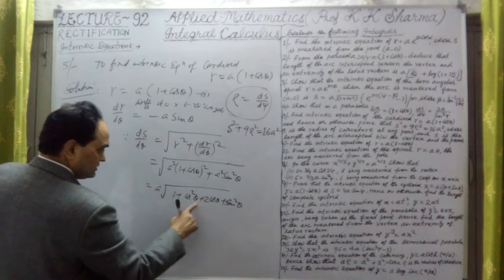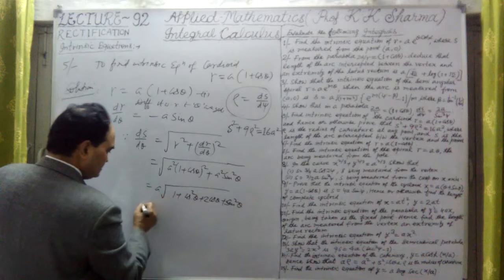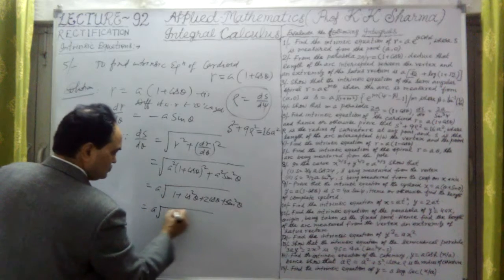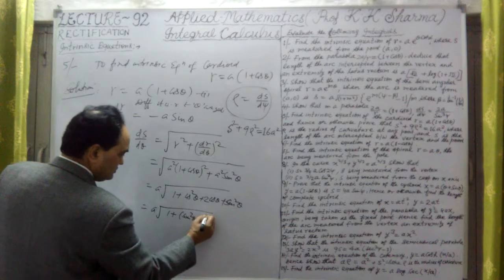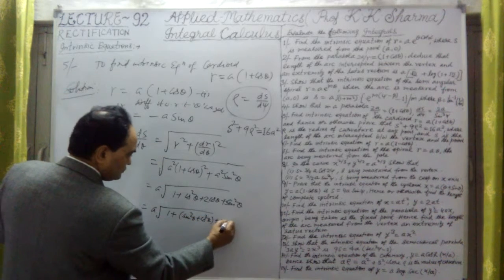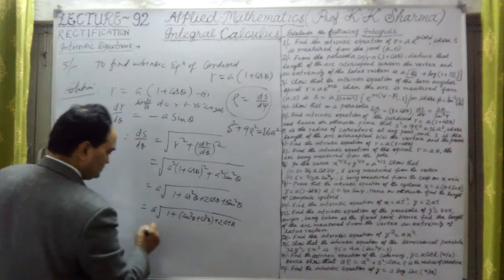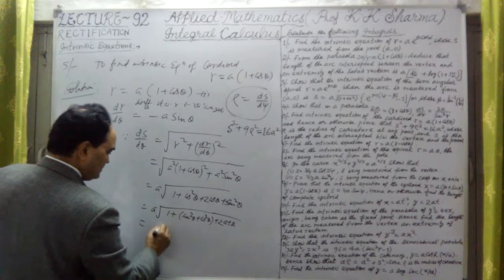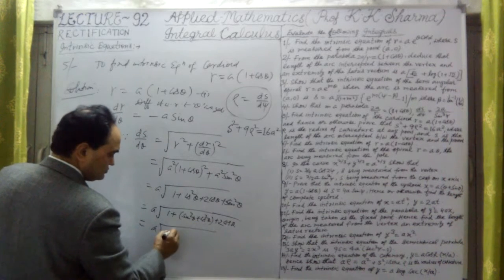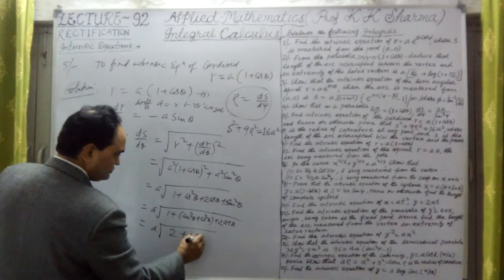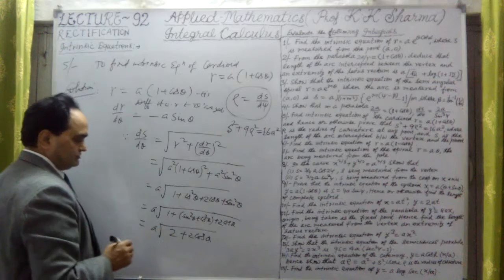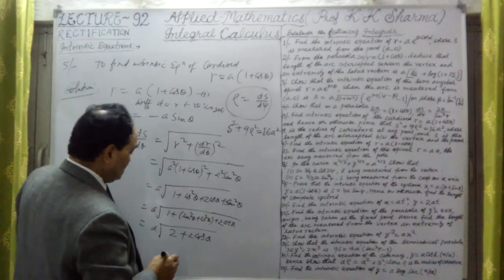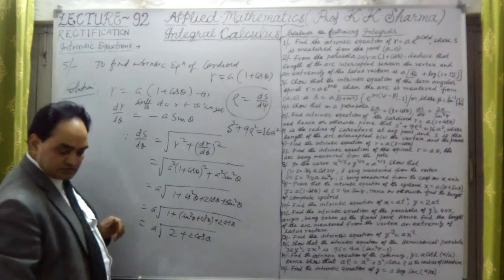So it will give us sin square theta plus cos square theta is 1. This is a into the square root of 1 plus sin square theta plus cos square theta plus 2 cos theta, which gives 1 plus 1, this is 2, so 2 plus 2 cos theta. Now let me further solve it.